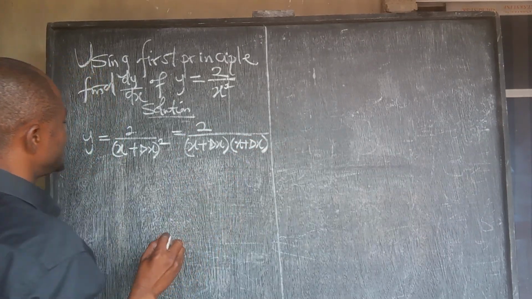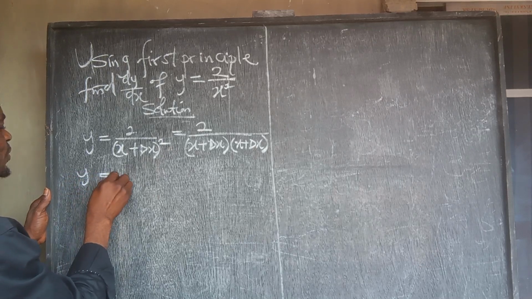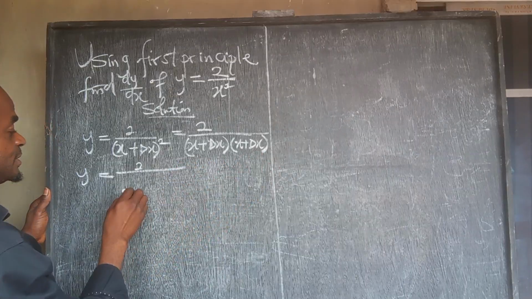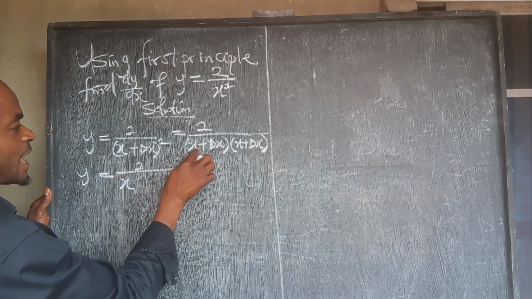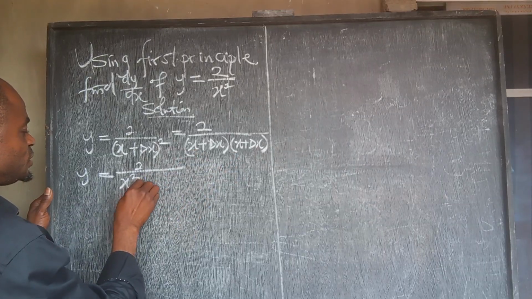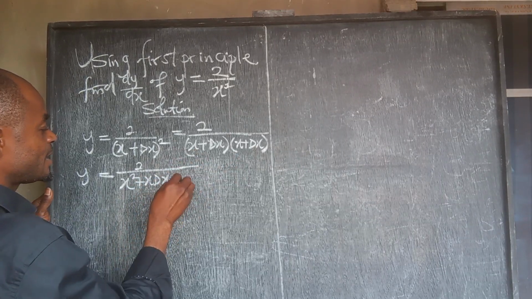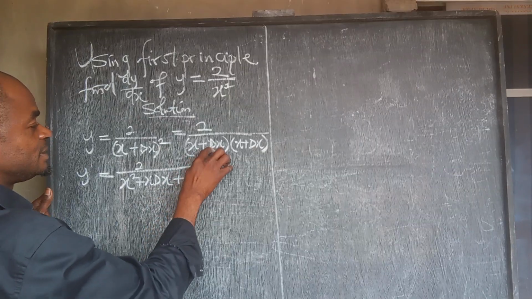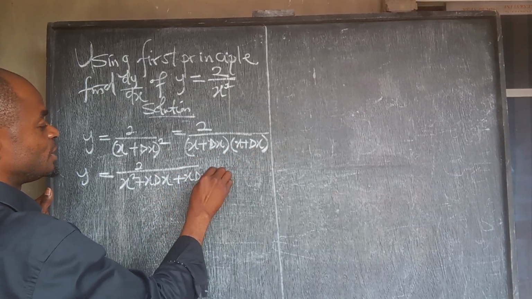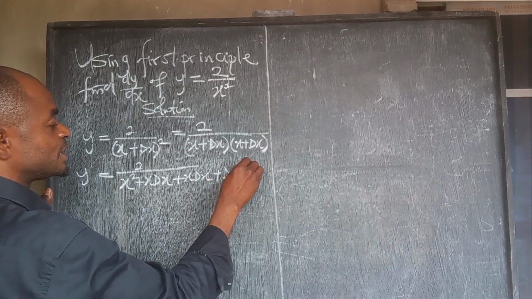Having done this, the next thing is to say that y will be equal to 2 all over. Open this bracket: x times x will be x squared, x times changing x is x changing x. Then changing x times x gives x changing x, plus changing x times changing x gives changing x squared.